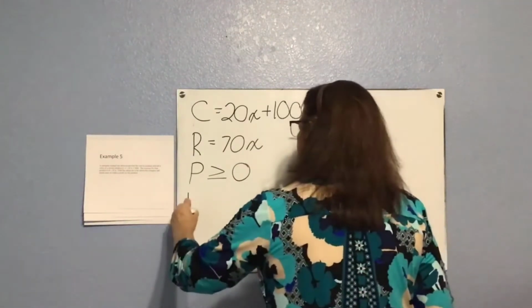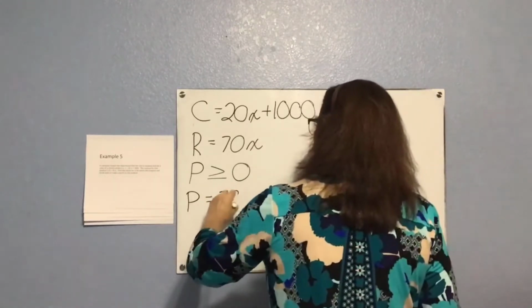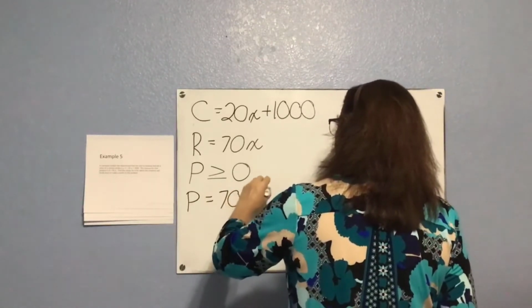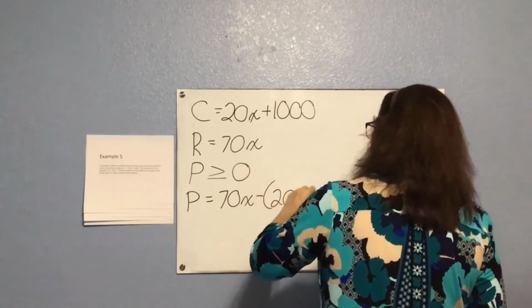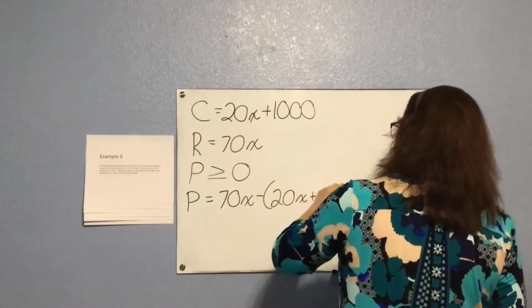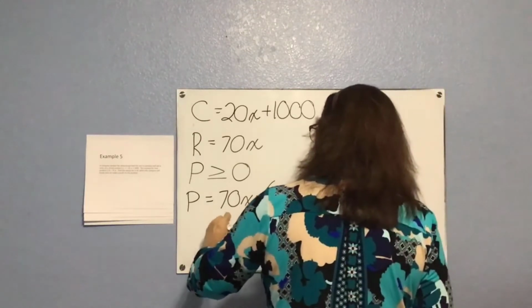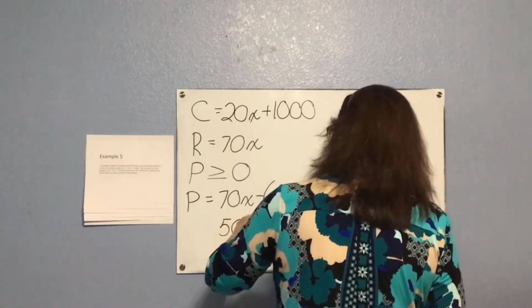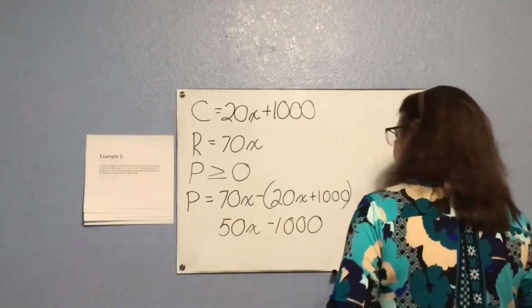So we could say profit is equal to 70X minus 20X plus 1,000. And when I simplify that, I get 50X minus 1,000.